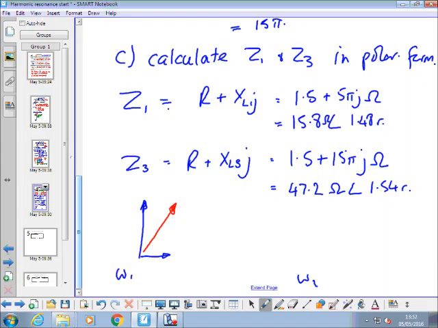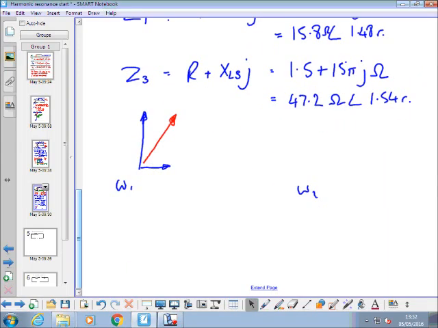Over this side for omega 3, the XL line has got bigger while the R line stays the same length, so you would expect the angle to become steeper.